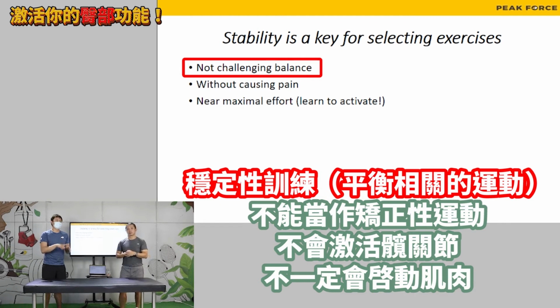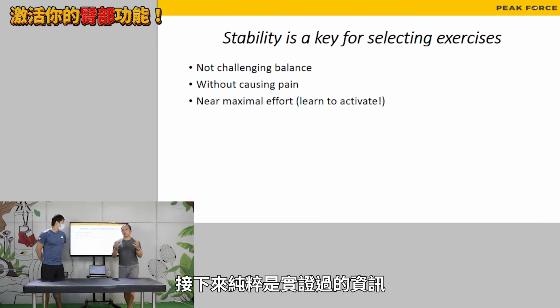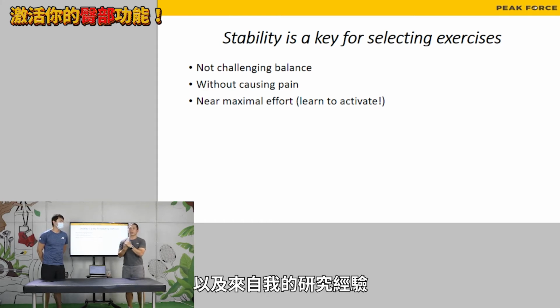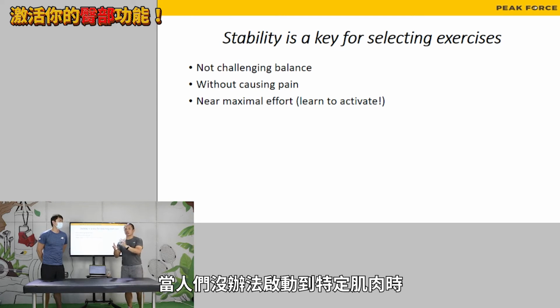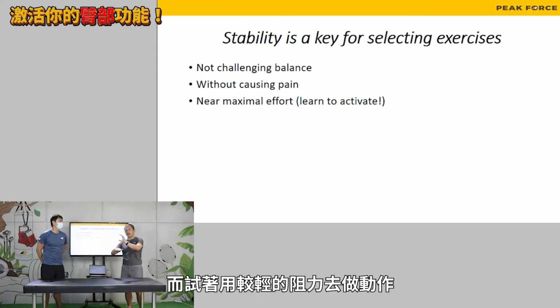And this is purely from the evidence-based information, but also from my own research experience that when people cannot activate a certain muscle, usually a lot of coaches are very conservative, so they try to use a lighter resistance.